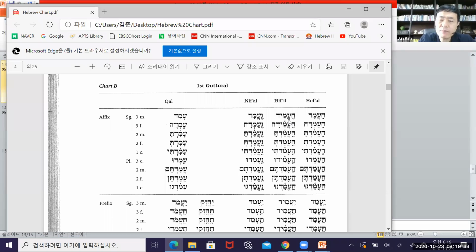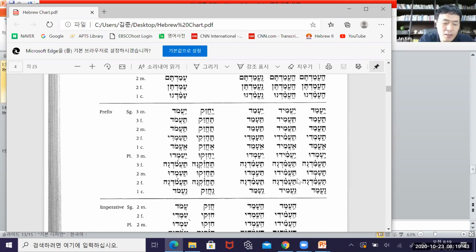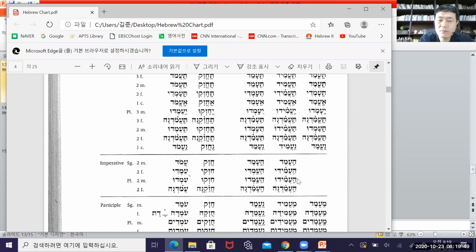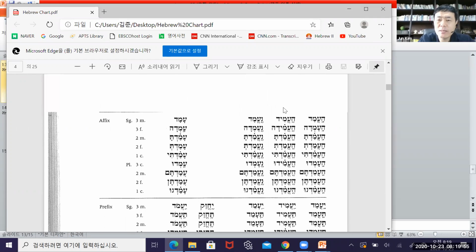So in case of a perfect form, it should be the preformative he and then segol. Okay, let's go down. The prefix form is not our consideration. Why? Because we don't have a prefix pronoun. So just ignore it.